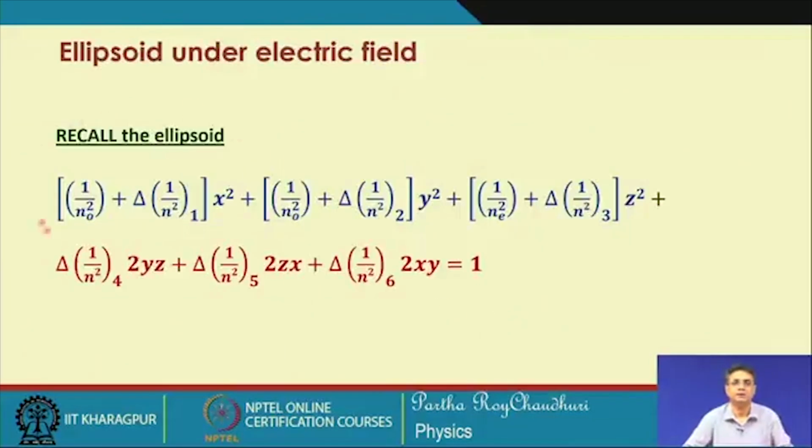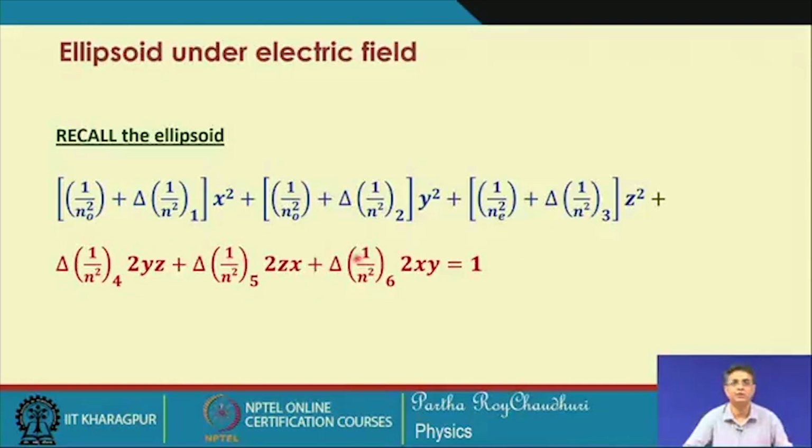Okay, so let us recall the index ellipsoid under the electric field. You have these changes in the impermeability, with the square terms and with the cross terms. I have considered all the 6 terms.